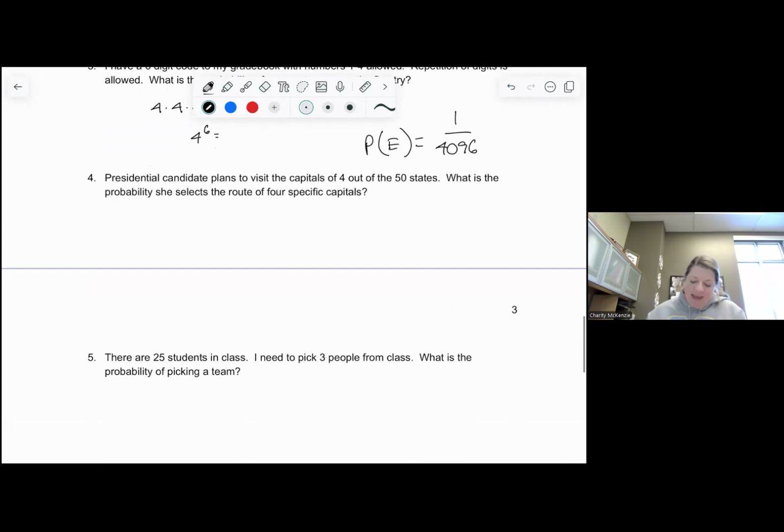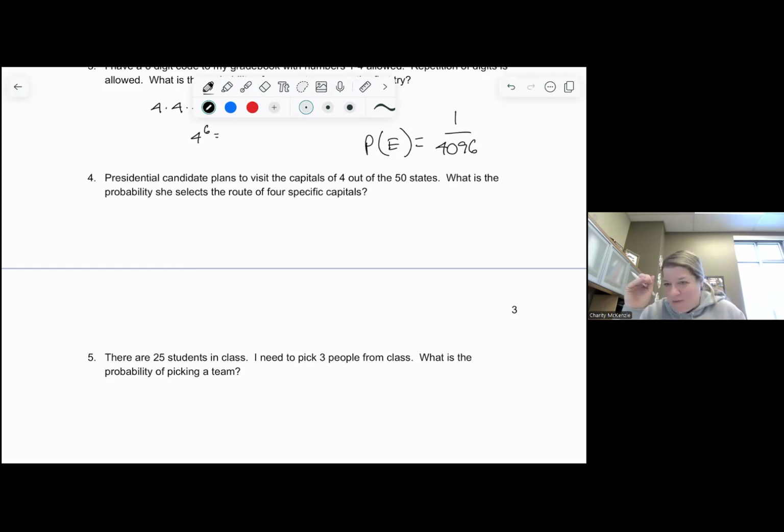Okay, if a presidential candidate plans to visit capitals of 4 out of 50 states, what's the probability she selected the route of 4 specific capitals? So I have 50 states, and I'm only going to visit 4. Is that going to be a combination or a permutation? It says specific capitals.